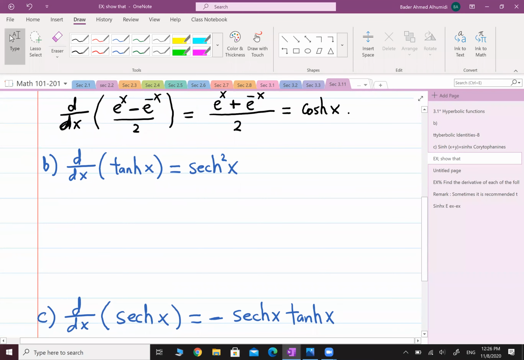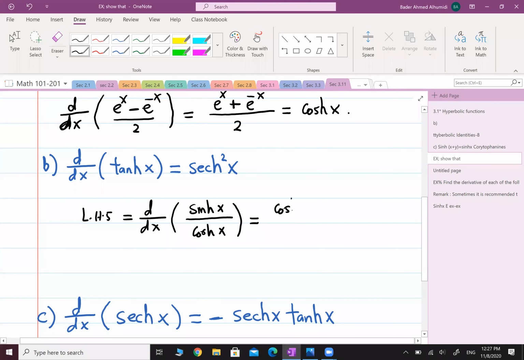And how to prove hyperbolic tangent? The left-hand side is equal to, quickly, derivative d by dx of hyperbolic sine of x divided by hyperbolic cosine of x. And the answer will be derivative of sine, which is hyperbolic cosine of x, multiplied by the second one, so that is cosine squared, minus the first one, hyperbolic sine of x, times the derivative of hyperbolic cosine, which is again hyperbolic sine.